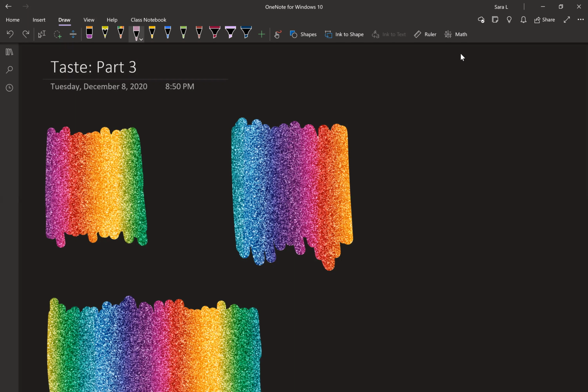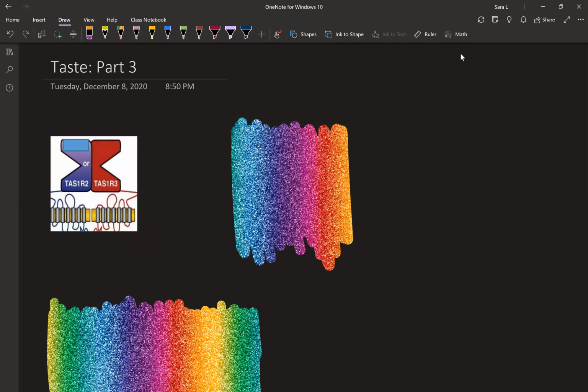So the first thing that I'd like to talk about is actually the sweet receptor. For our ligand binding domain, which is this area, we have the T1R2 on this side, and then over here we have the T1R3. And over here, this is our sweet. I should write that down. So this is sweet.